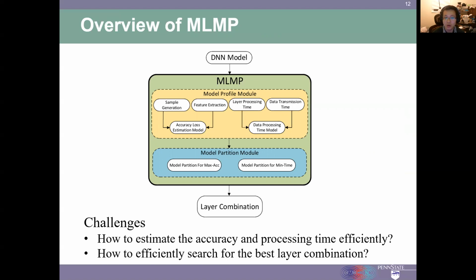Therefore, we first propose an efficient method to estimate the accuracy loss and data processing time for each layer combination in the model profile module in MLMP. Then, based on these models, MLMP runs an efficient search algorithm in its model partition module to search for the best layer combination to solve the max accuracy and mean time problem.